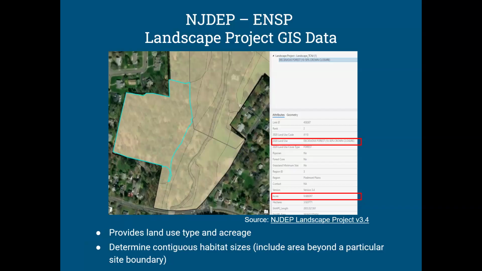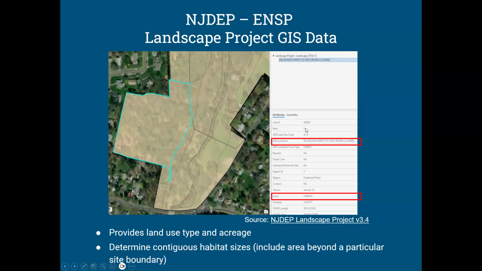The Landscape Project is also available on Conservation Blueprint or GIS. And it basically tells you the land use types by patch. You can sort of see one patch here is highlighted in blue. So that patch is a deciduous forest with 10 to 50% crown closure. It's 9.7 acres. And it tells you the rank number 2.